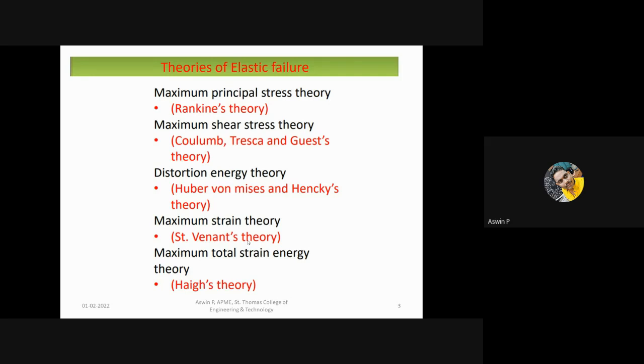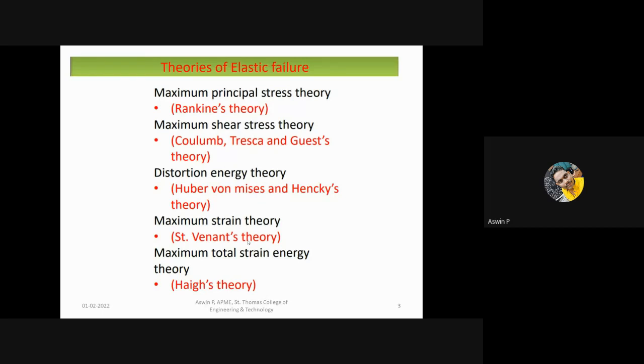In which first one is maximum principal stress theory, in brackets Rankine's theory.